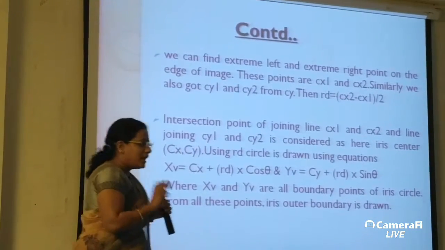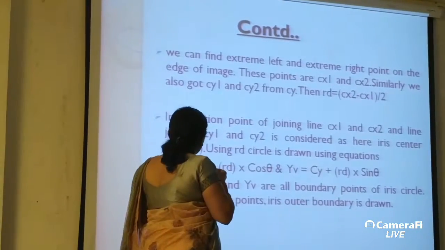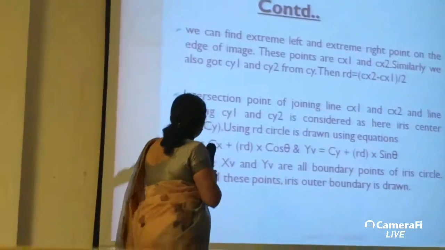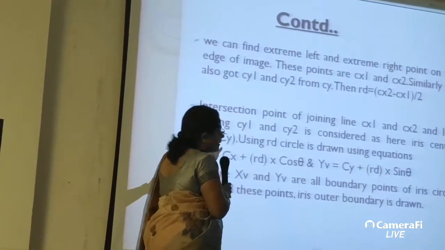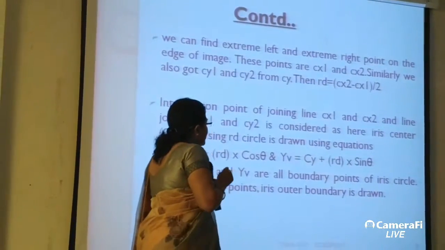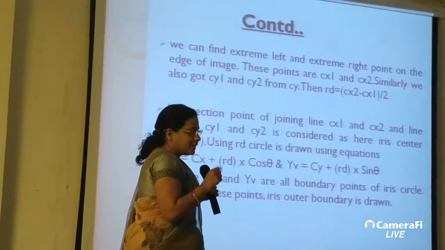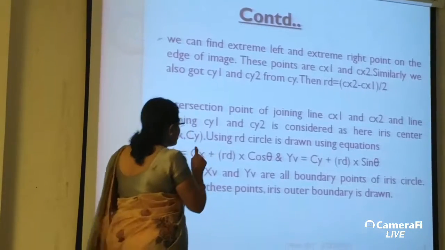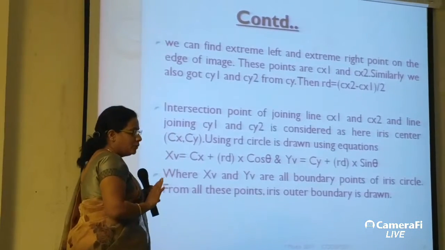Once I have the iris center, the coordinates are named capital CX and capital CY. Then from CX1 and CX2 I will get the radius of the iris, that is, (CX2 minus CX1) divided by 2.